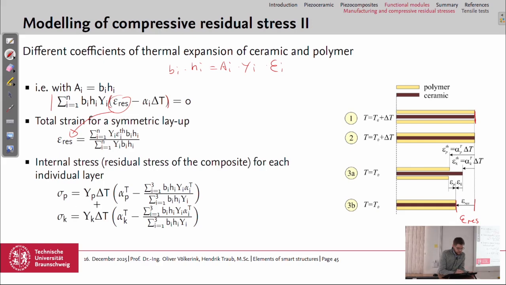And with the different Young's modulus of the polymer and the ceramic, we can then use this residual strain across the different layers to calculate the pre-stress, the residual stress, in the polymer and also in the ceramic.